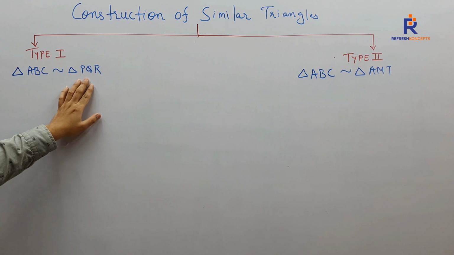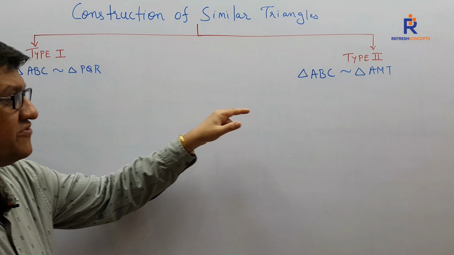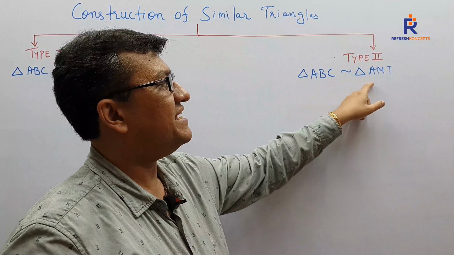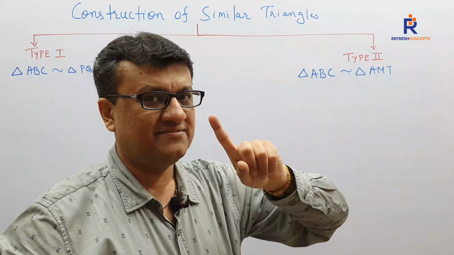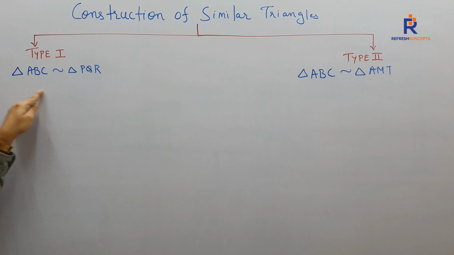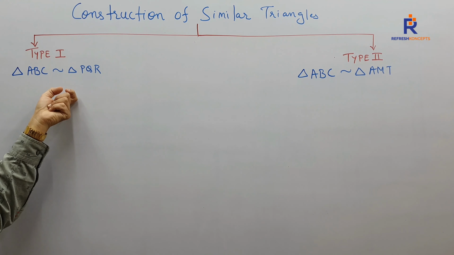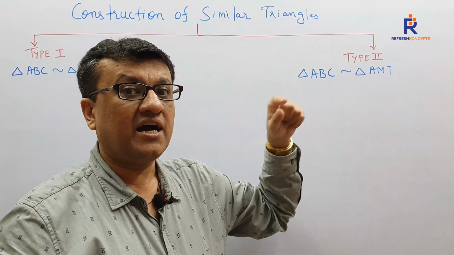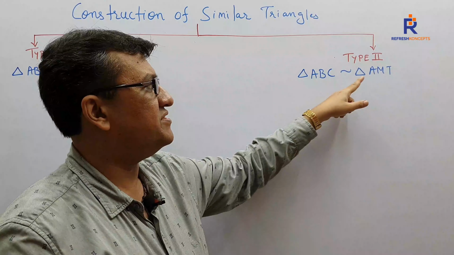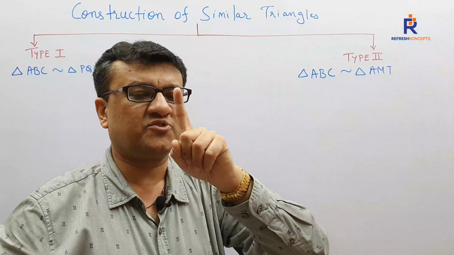There is no connection. Whereas if you see over here, ABC, AMT, vertex A is common to both the triangles. In the first, nothing in common, totally two disjoint triangles. This is going to be a joint triangle. How can you say that? You have a vertex A, you have one letter, one vertex, common.